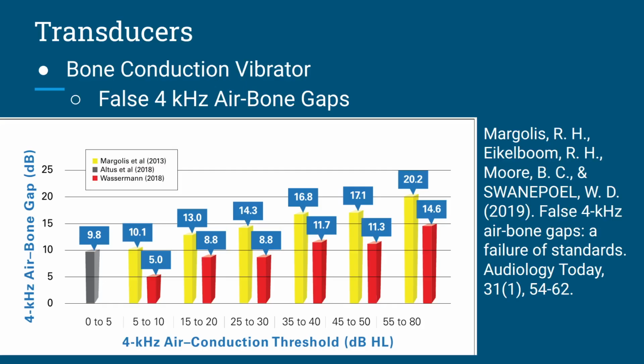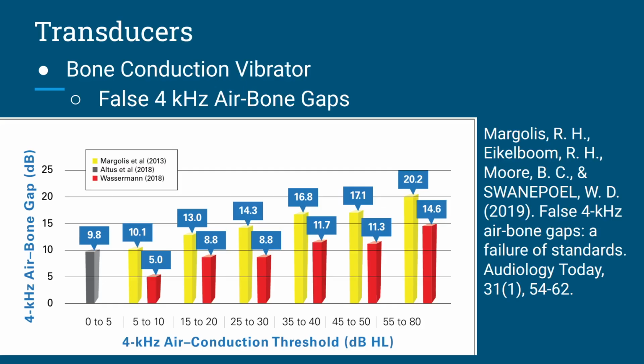The compounding clinical error is the issue here. The magnitude of the false air-bone gap is not static, it's not linear. It artificially increases as the patient's underlying 4,000 hertz hearing threshold worsens.